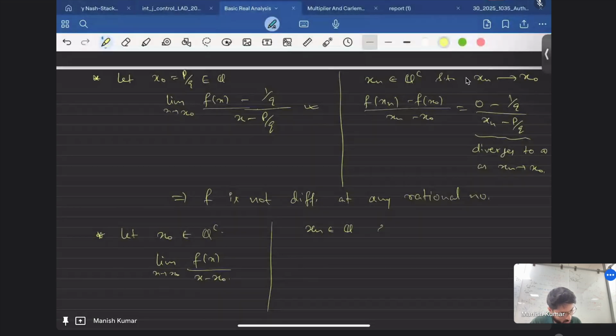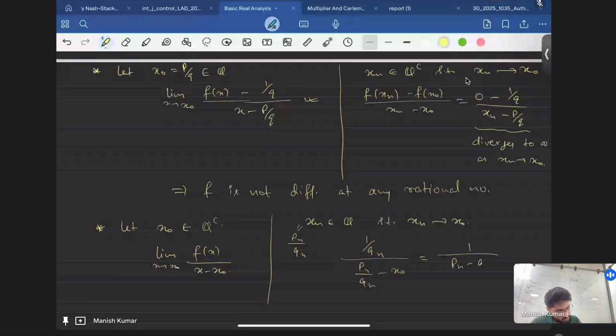Now you know that p_n by q_n goes to x naught. I'll have to make sure whether this goes to infinity; if it does, I'm done. Not exactly done, but at least we cannot get a contradiction.